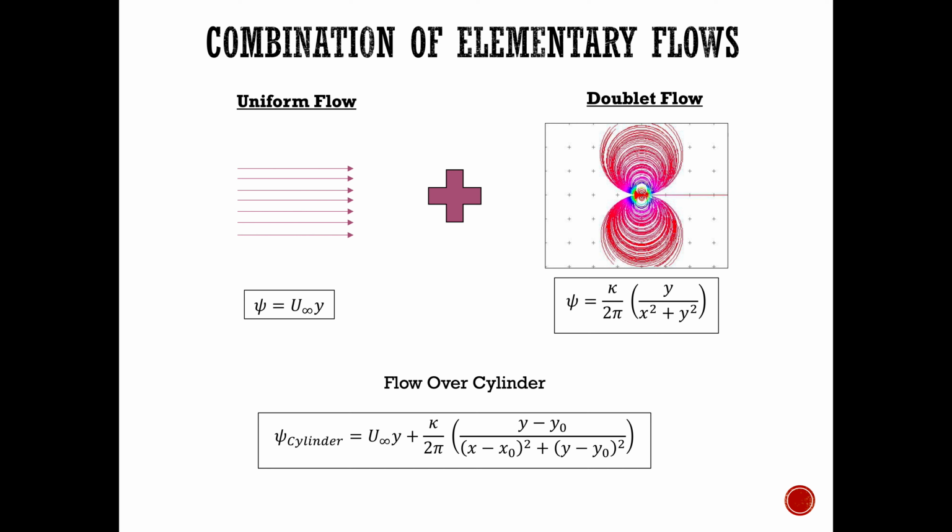So in the last video, we talked about how we can combine uniform and doublet flow to create a flow over a cylinder. We have the stream function for uniform flow, and the stream function for doublet flow. You put them together and you can find the stream function. And if you plot the stream function, you get the streamlines, the flow field, which looks like streamlines around a cylinder.